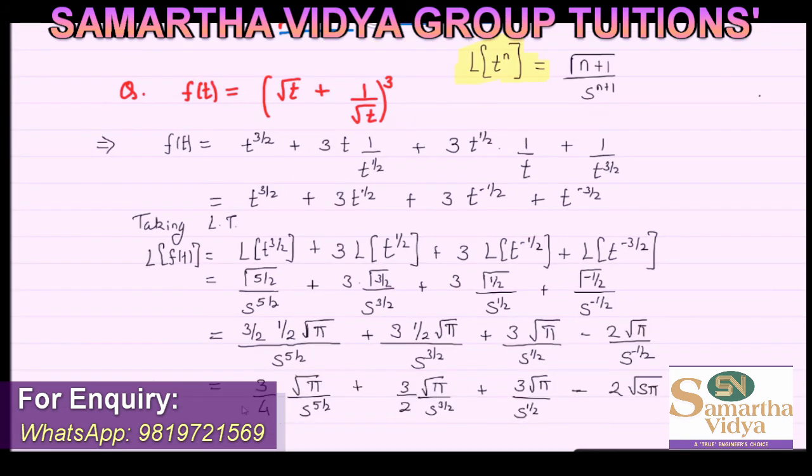So on solving, we'll be getting 3 by 4 root pi upon s raised to 5 by 2 plus 3 by 2 root pi upon s raised to 3 by 2 plus 3 root pi upon s raised to half and minus 2 root s pi.